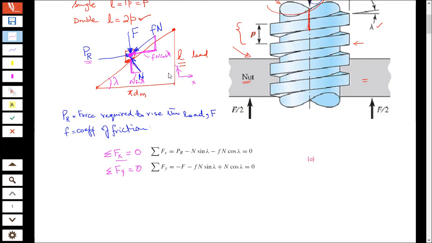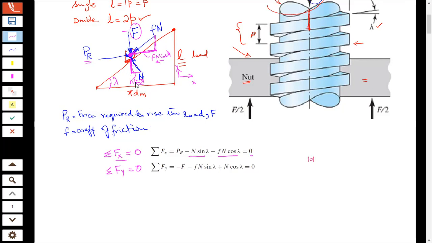So it will be PR minus Fn cos of lambda and minus n sine of lambda, and this should be equal to 0. Similarly, I can write an equation for the sum of forces in y direction. So the sum of forces in y direction is, this one is acting downward, we'll take this minus, so minus f, right?